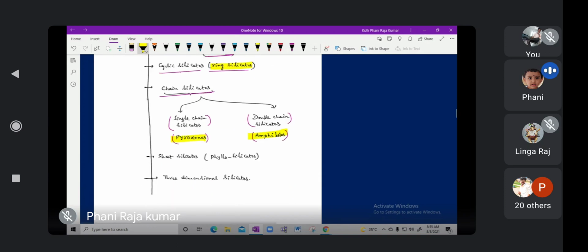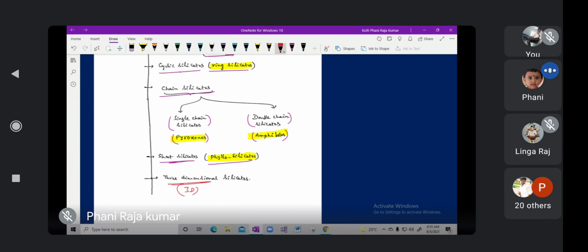Next we have sheet silicates, called phyllosilicates. Next we have 3-dimensional silicates.